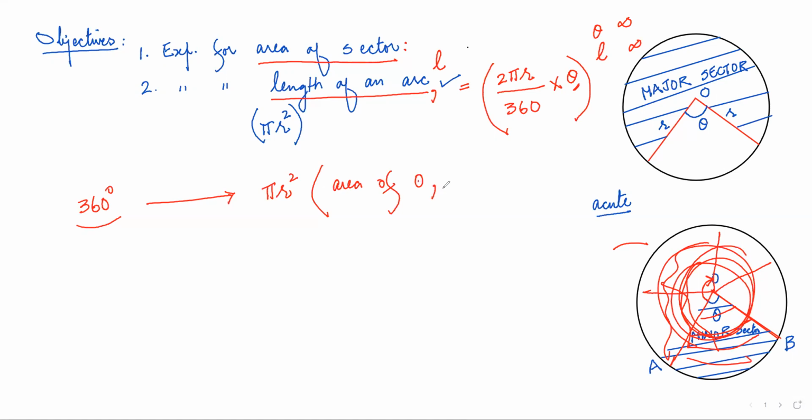This is the area of the circle, and this is also the area of the biggest possible sector with radius r. Am I right, students? So when the angle is 360 degree, the area of the sector is the highest, that is the area of the circle, pi r square.